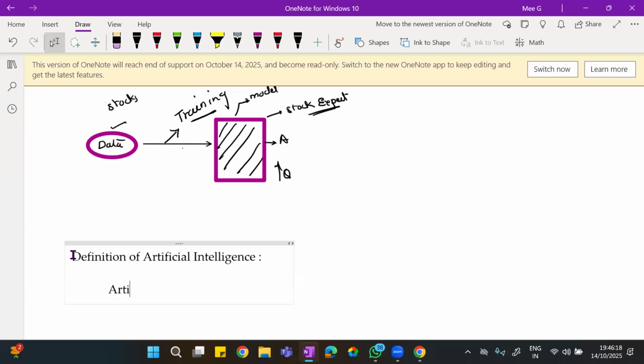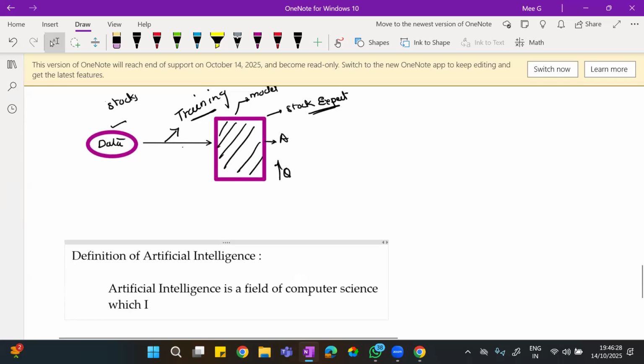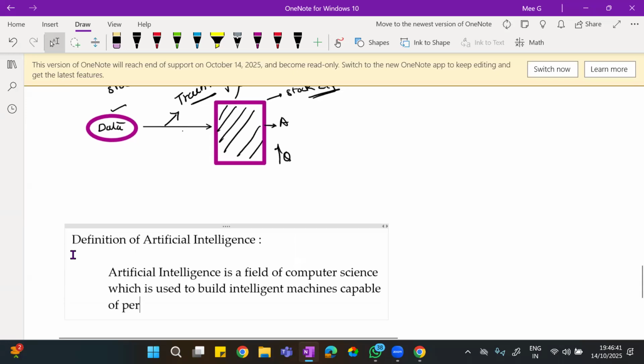So I can say artificial intelligence is a field of computer science which is used to build intelligent machines capable of performing tasks which require human intelligence.